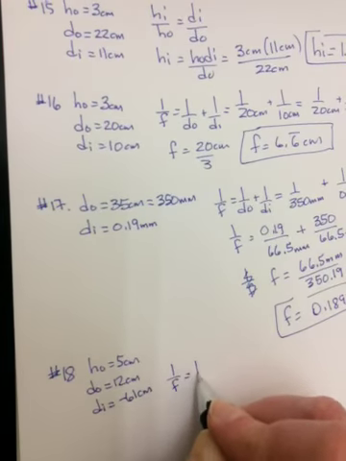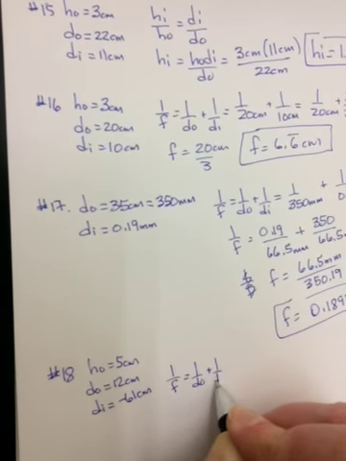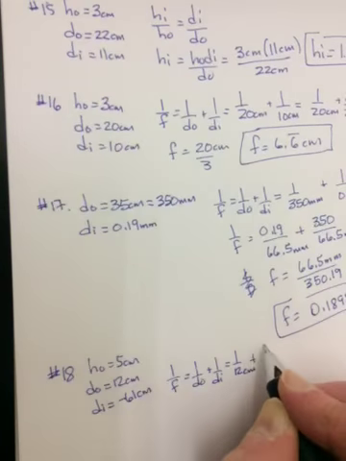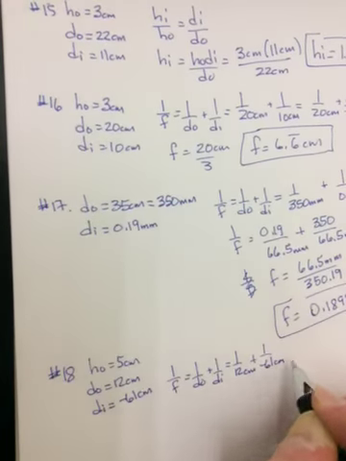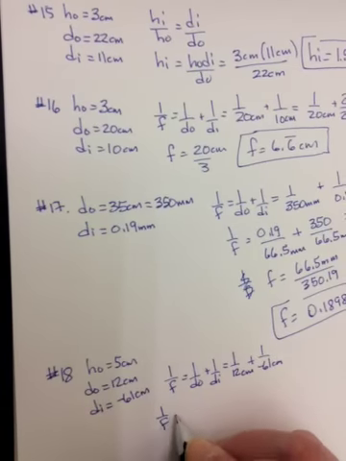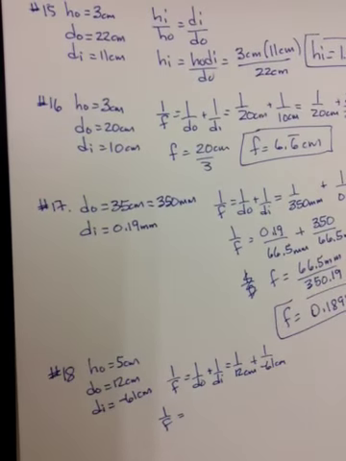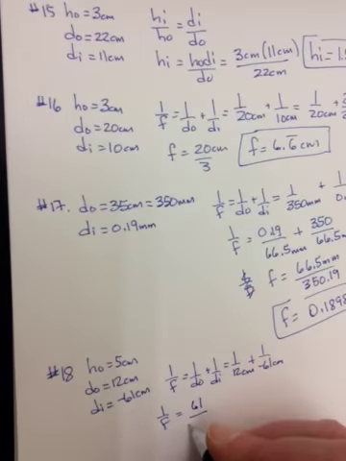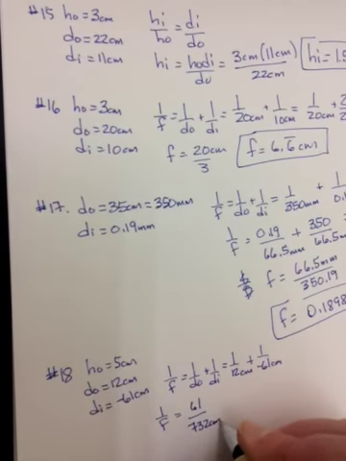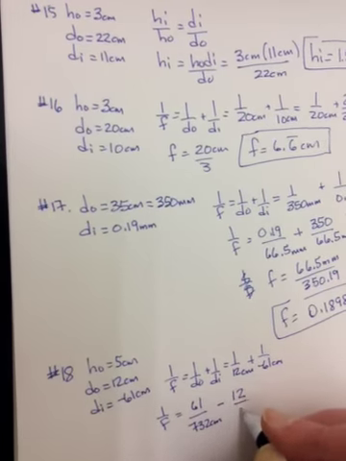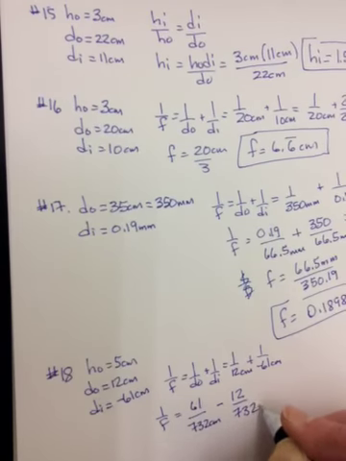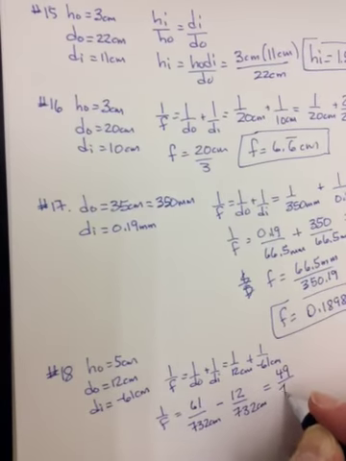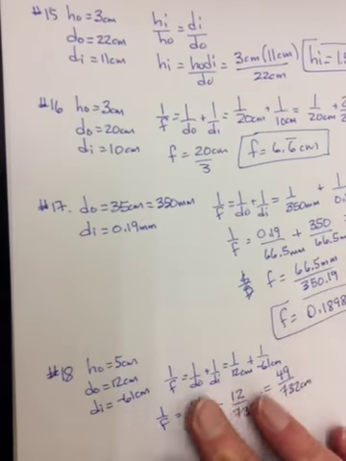So 1 over F is equal to 1 over DO plus 1 over DI. So 1 over 12 centimeters plus 1 over negative 61. They couldn't pick 60 to make this common denominator easy. 12 times 61, 732. So 61 over 732 centimeters minus 12 over 732 centimeters is equal to 49 over 732 centimeters.